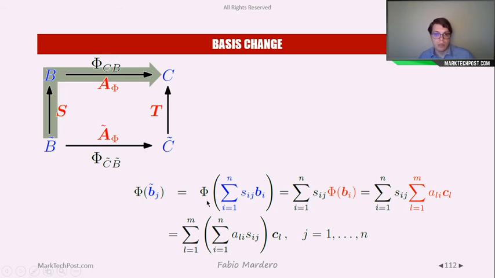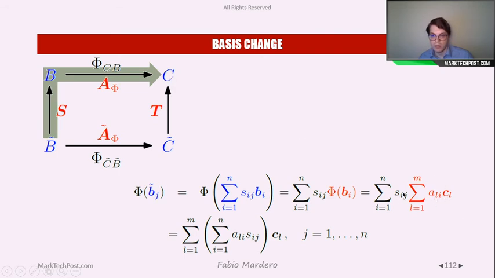Now, using the conditions of a linear mapping, in particular the additivity condition, phi of a sum is the sum of the phis, these coefficients go out, and we can say that phi of b_i, going now from here to here, is a linear combination with respect to the C basis.